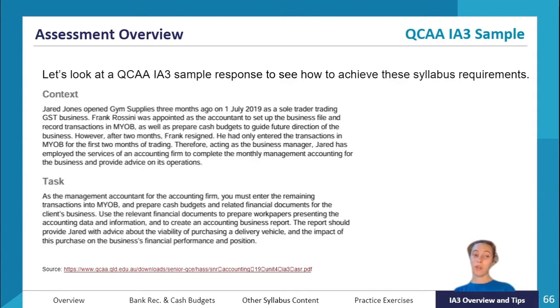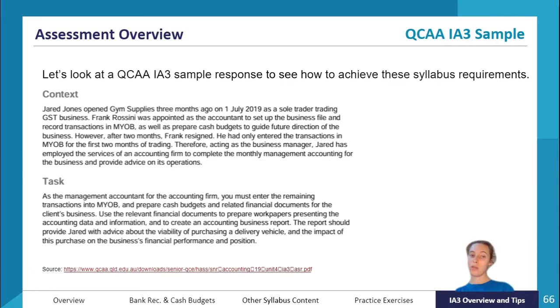The task, so as the management accountant for the accounting firm, you need to enter the remaining transactions into MYOB and create cash budgets and related financial documents for the client's business.